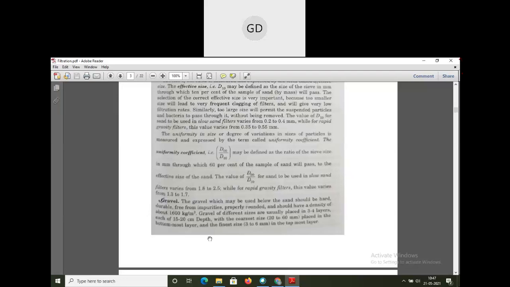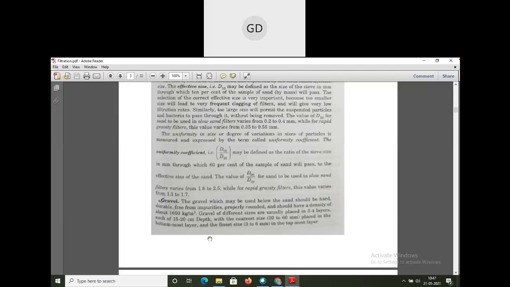It should be very hard, durable, and free from impurities. The shape should be properly rounded, and it has a density of 1600 kilograms per meter cube.